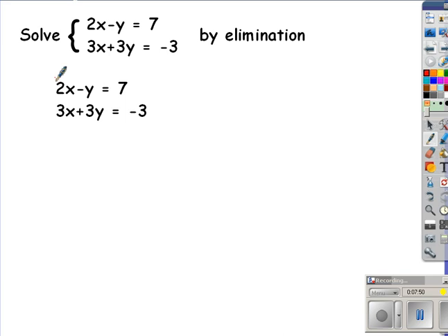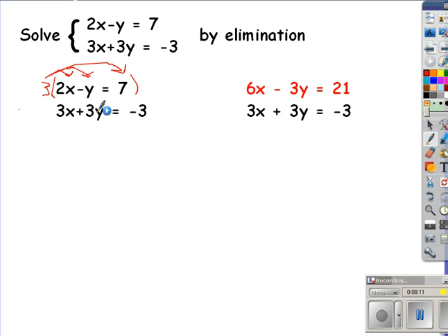So if I take that first equation, multiply it by 3, and I distribute through here, 3 times 2x is 6x. 3 times negative y is negative 3y. And 7 times 3 is 21. So when I distribute through, I get something that looks like this. And that's great, because I have a minus 3y and a plus 3y. That will end up being 0.